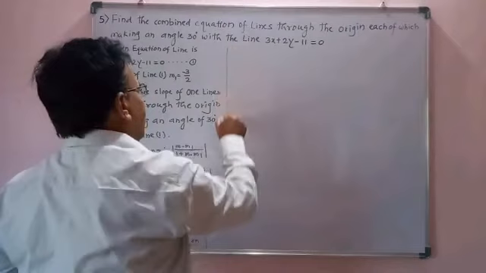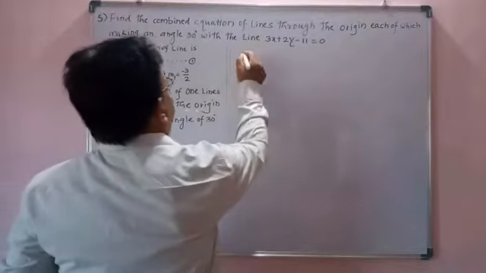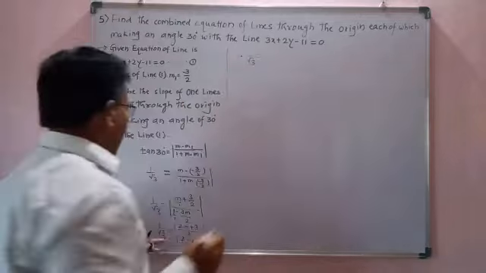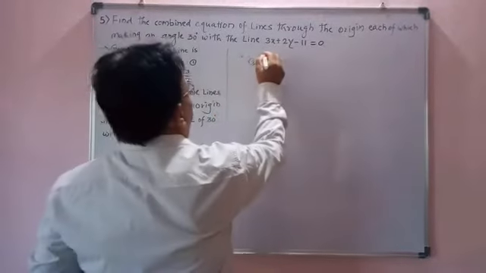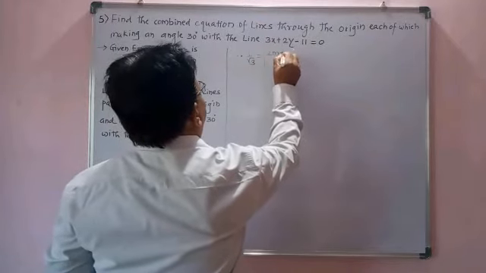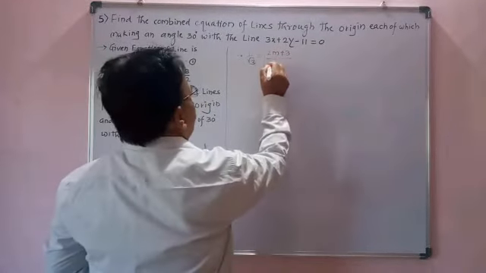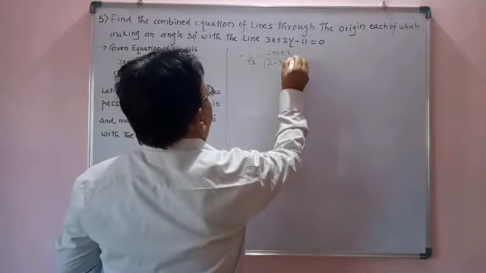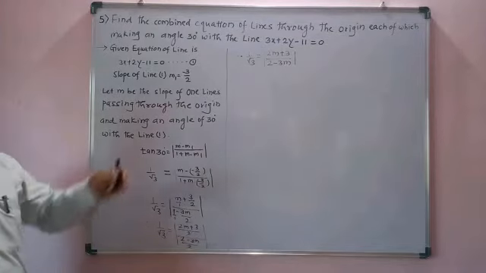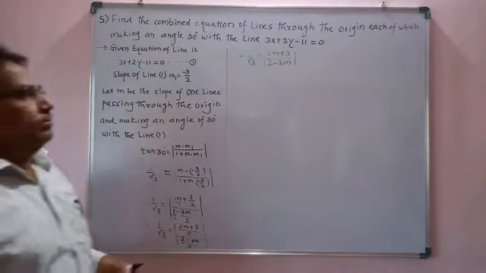Therefore 1 by root 3 equals mod of 2m plus 3 divided by 2 minus 3m.